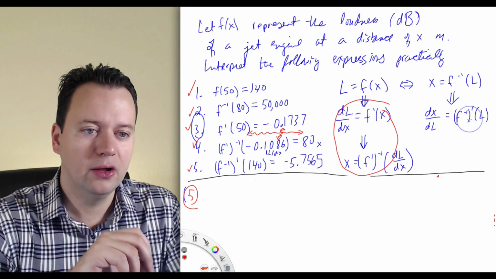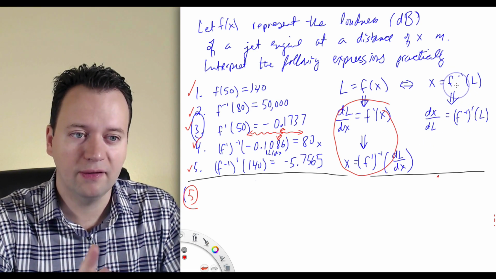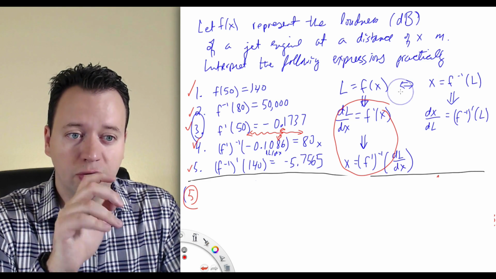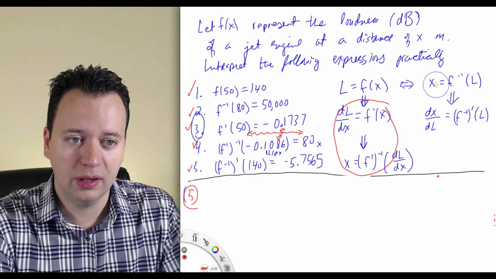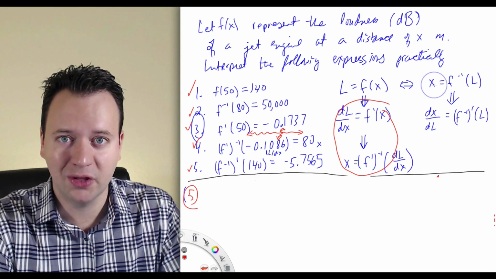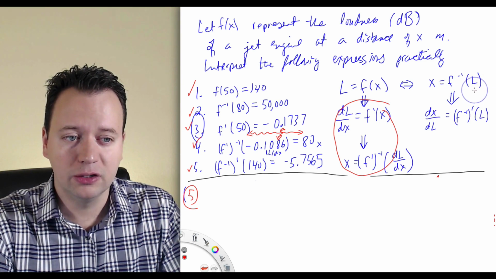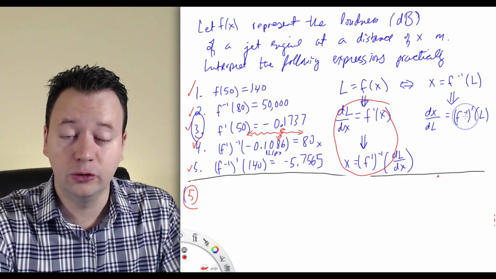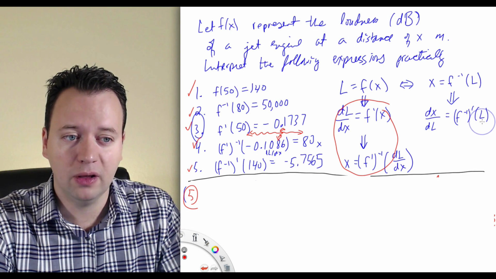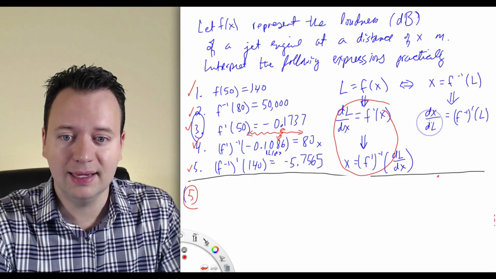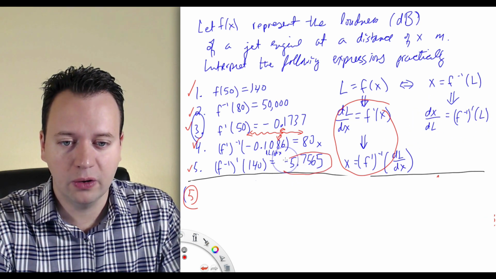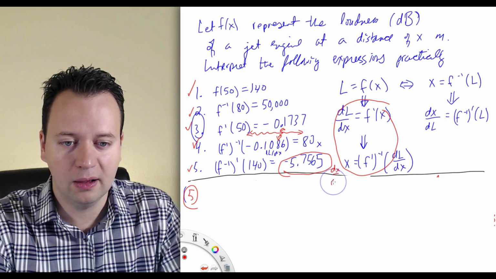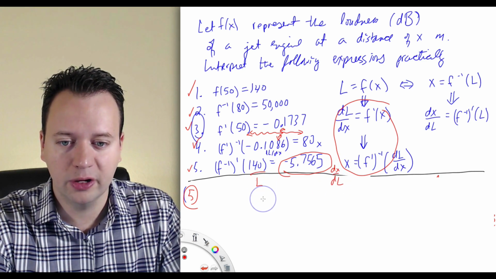It's the derivative of the inverse function, so you have to think about this a little bit differently. So first you have to look at the relationship for the inverse function. X is on the outside, L is on the inside. So when you take the derivative of that, it's a derivative with respect to L. So L is still on the inside, and now the outside is dx/dL. So this one here corresponds to a dx/dL, and then the inside corresponds to an L.